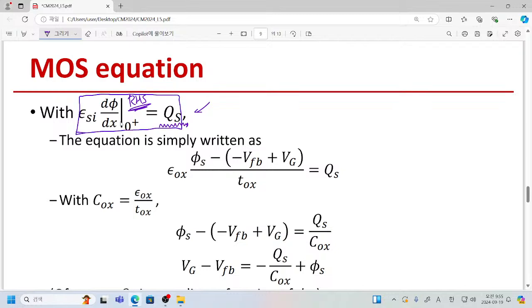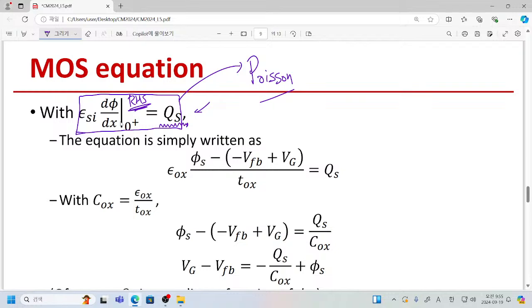Although you feel that you understand this relation, can you derive or prove it? Please start from the Poisson equation and integrate it inside the entire semiconductor region.